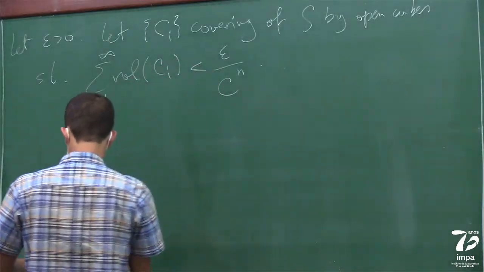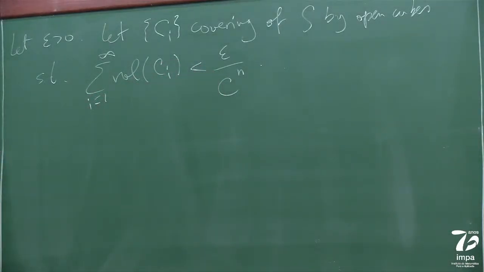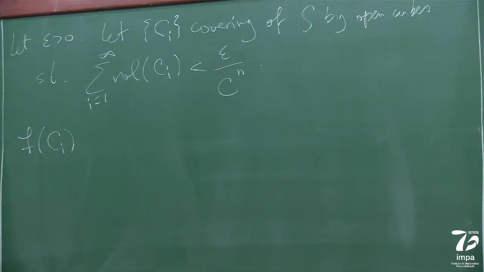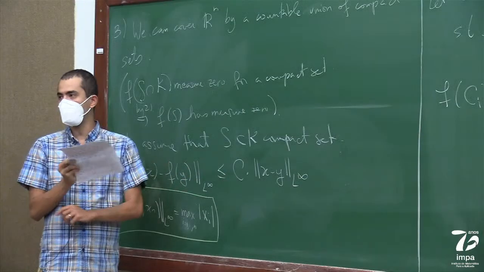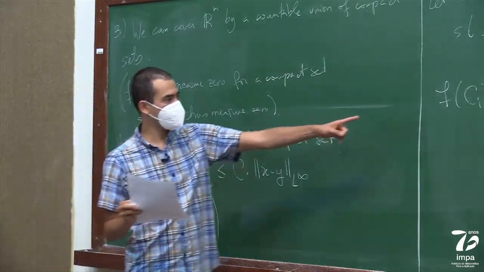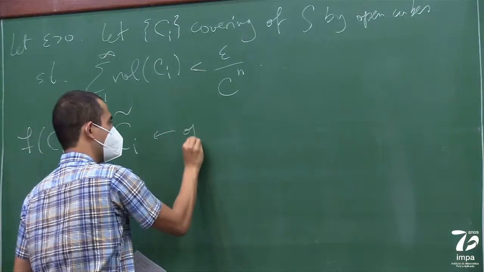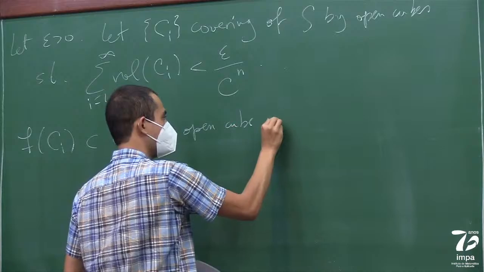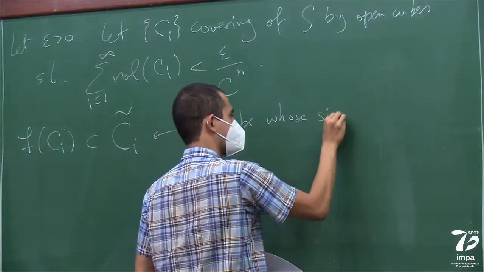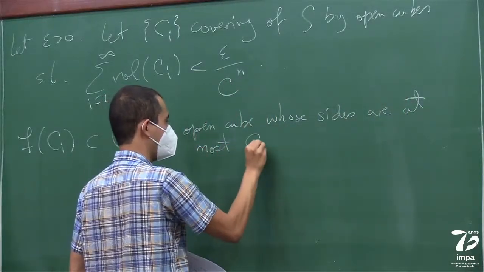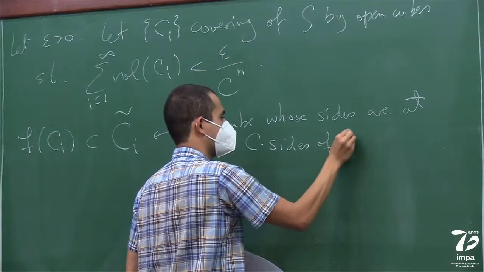And now, because of this inequality, what happens when you take f of each ci? So ci is a cube, and the length of the sides of the cube gets multiplied by c at most. So f of ci is contained in an open cube whose sides are at most c times the sides of ci.